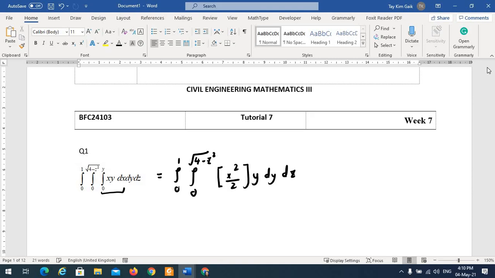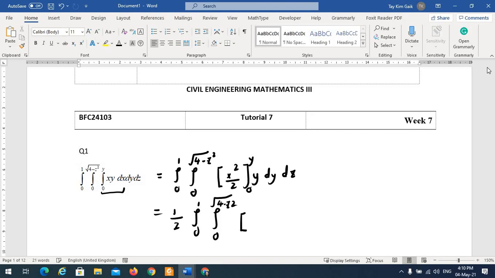The limit for x is from 0 to 1. So one half is a constant, factor it out, then the limits 0 to 1 and 0 to square root of 4 minus z squared.